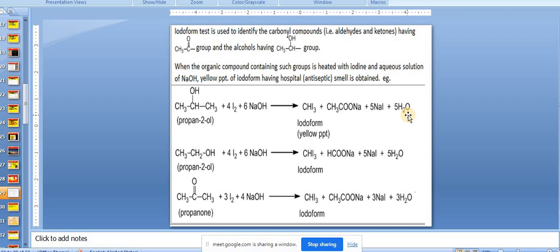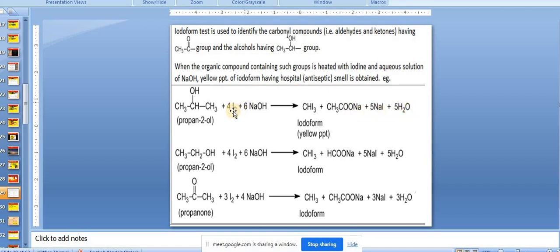I would like to repeat once more. 3 carbons were there in propan-2-ol. When you treat with iodine and NaOH, iodine basically is an oxidizing agent. Iodoform is formed in this process, and 2 carbons are left. The 2 carbons will be oxidized to acid, CH3COOH. When the acid reacts with NaOH, it gives us the salt, acid plus base gives salt, CH3COONa, along with NaI and water.